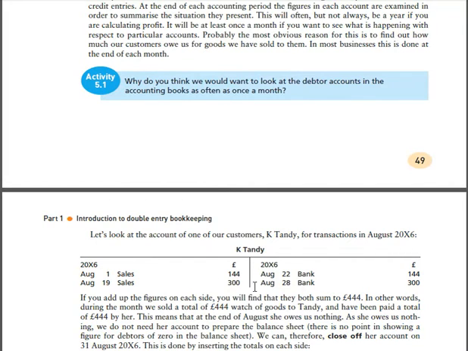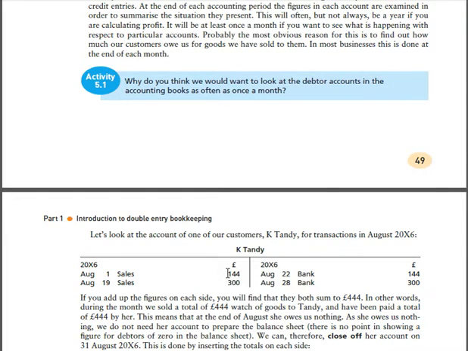In total, K Tandy purchased goods worth 444 from us for the month of August. Now, K Tandy in the same month made two bank payments to us, either a check or a bank transfer. On August 22, it paid us an amount of 144 corresponding to the first sale, and then on 28th August it paid us the remaining balance, which was 300.